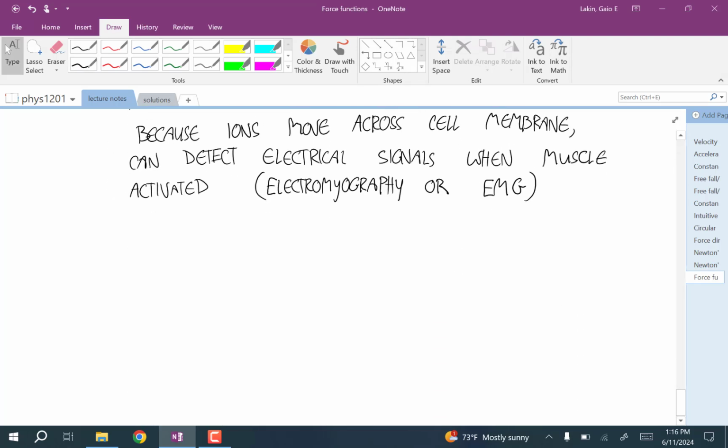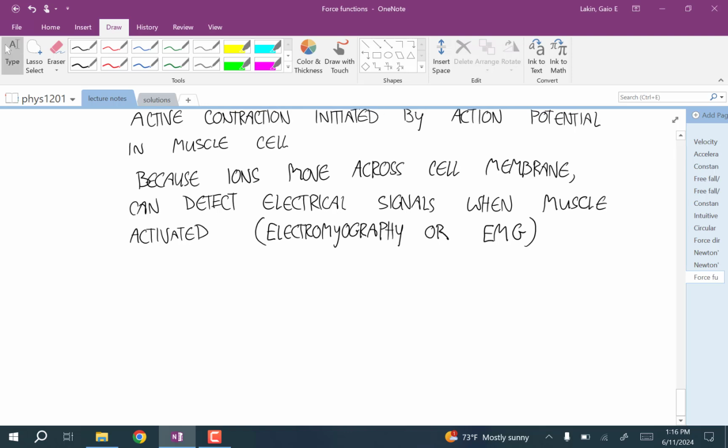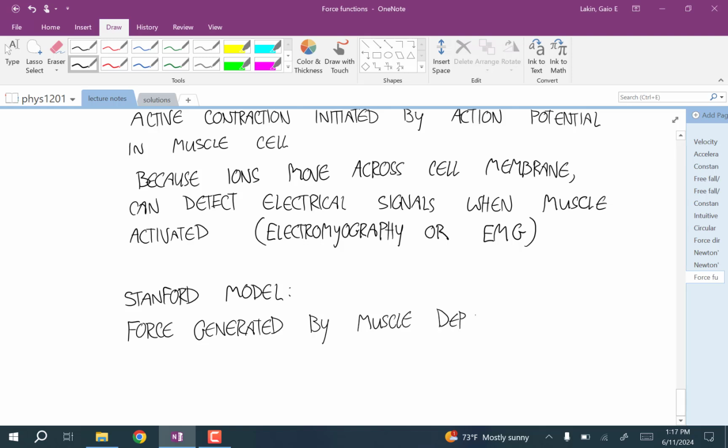Okay, so this Stanford model that we're going to talk about: the force generated by a muscle depends on four variables.